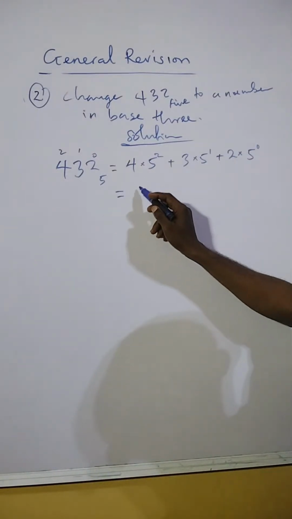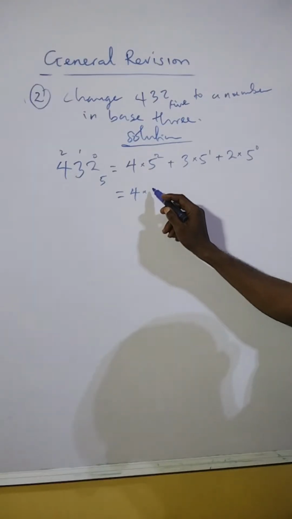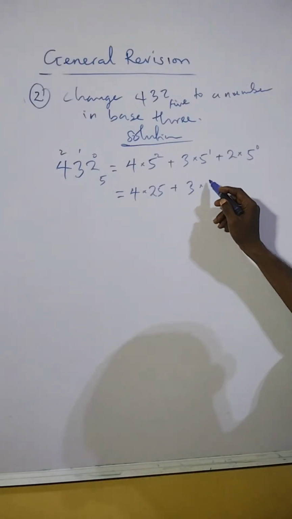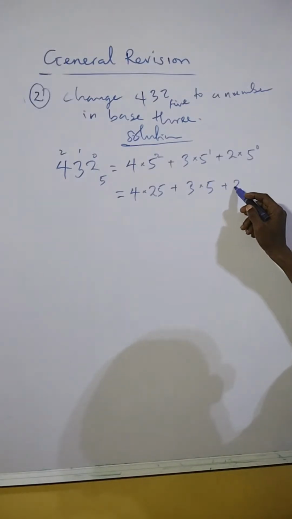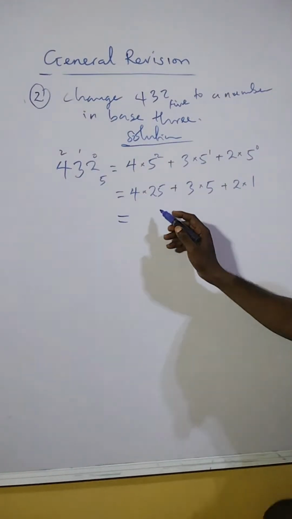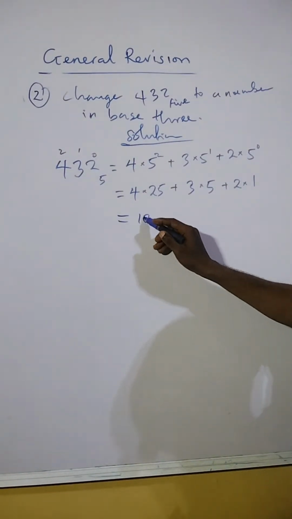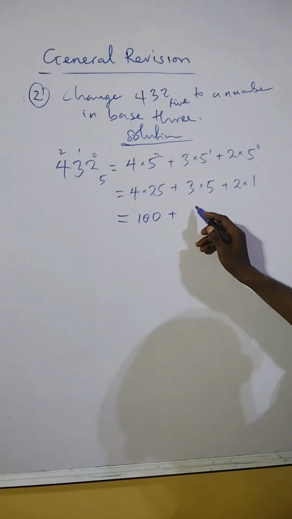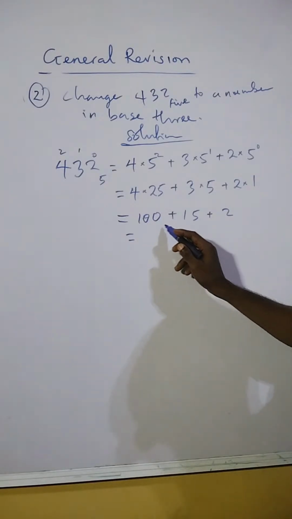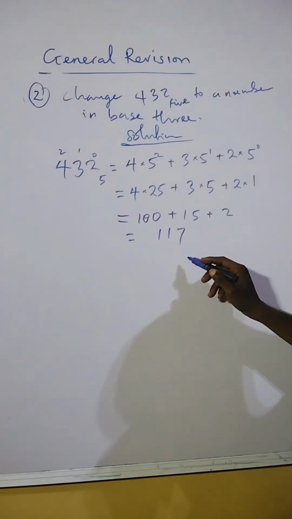Then this becomes 4 times 5 squared, that's 25, plus 3 times 5 raised to power 1, that's 5, plus 2 times 5 raised to power 0, that's 1. Then this becomes 4 times 25, that's 100, plus 3 times 5, 15, plus 2. And this gives us 117 here in base 10.